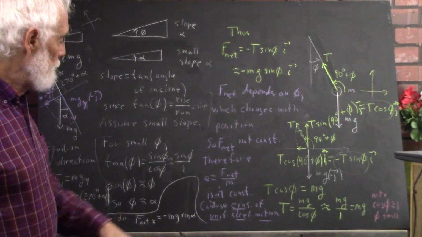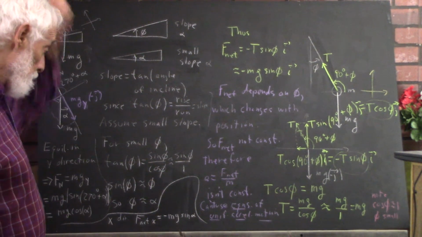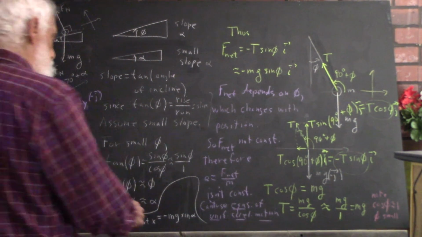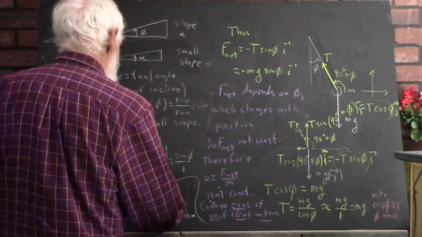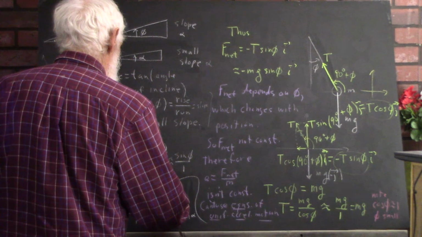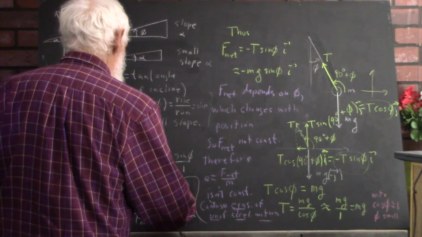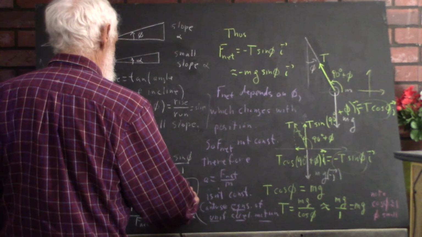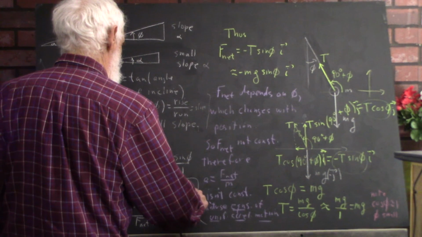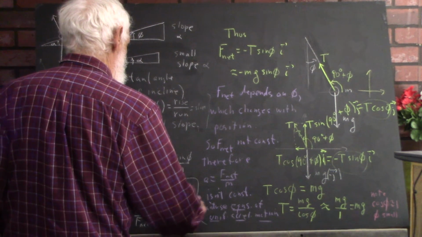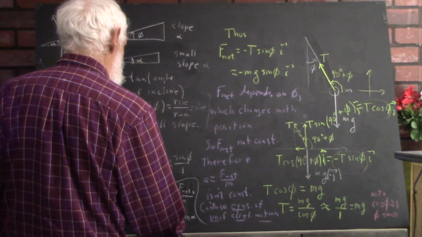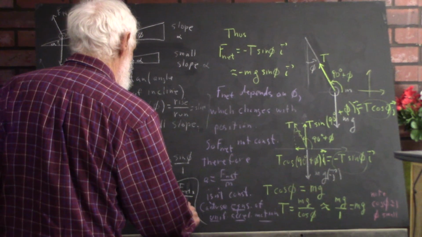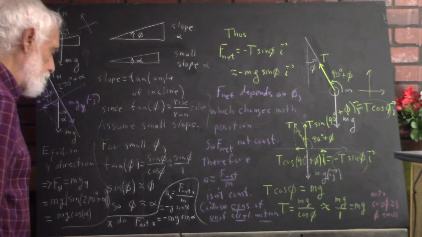Now we're equipped to figure out the acceleration. The acceleration is in the x direction. It's F net x over mass, which is negative g times the sine of alpha.